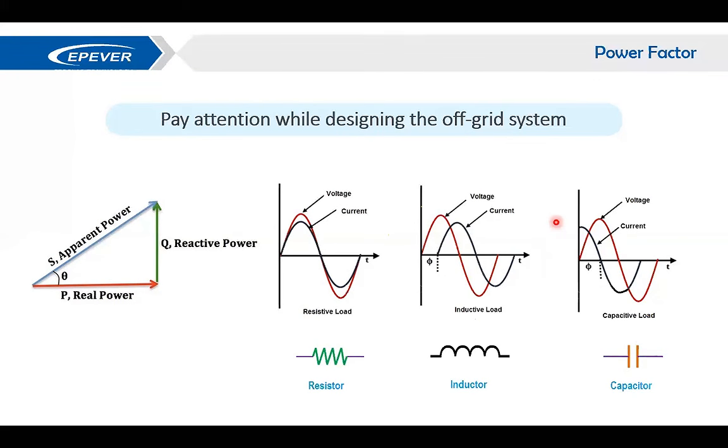And even for an off-grid solar inverter, the power factor is really important. To summarize, if, for example, the power needed to power your consumers is P, and you have some reactive power which originates from inductors or capacitors, then instead of P, you have to prepare the power S, which is the apparent power, and as you can see, is higher than P, so you are providing more power to power the same amount of usage.